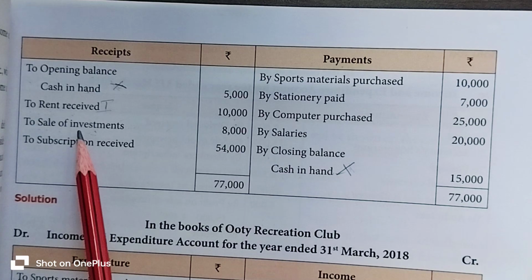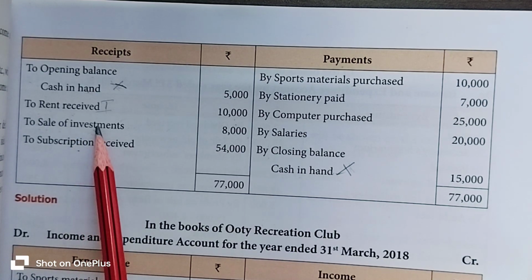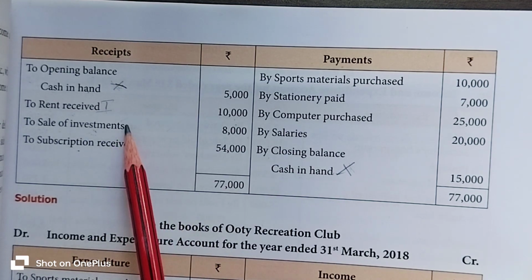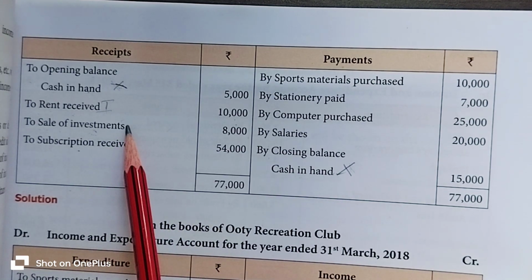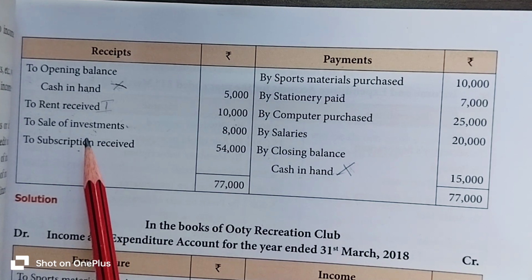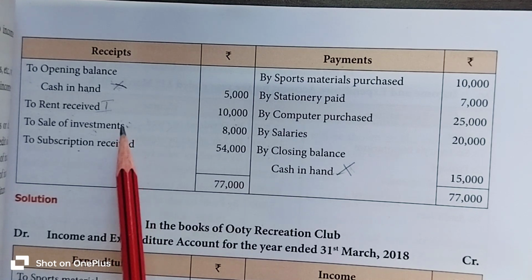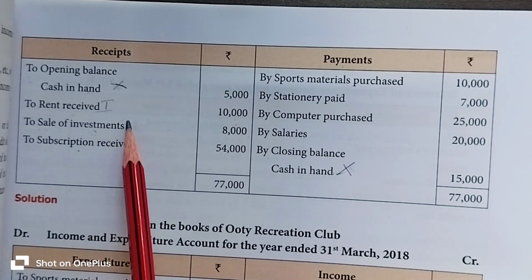Because you sold an asset and received cash, that is a capital receipt. The capital receipt will not appear in the income and expenditure account; only revenue receipts will appear. So sale of investment will not appear.